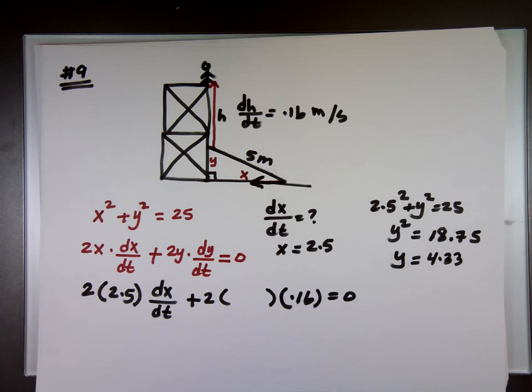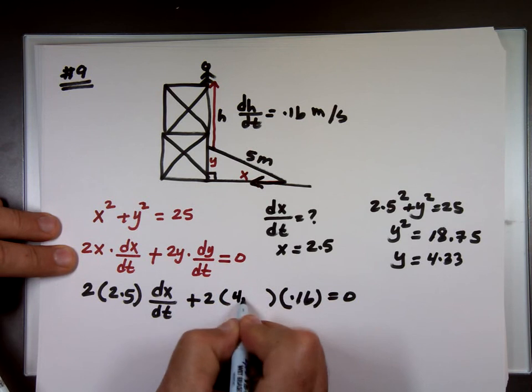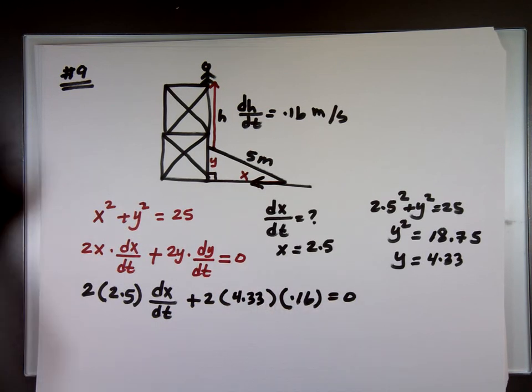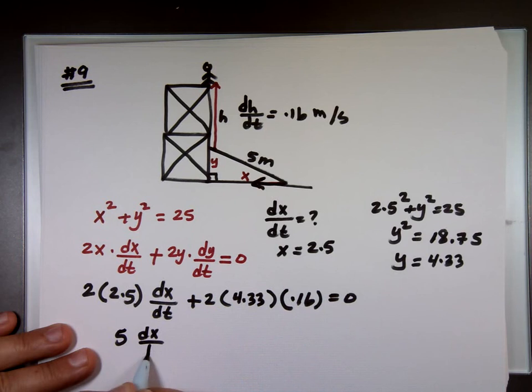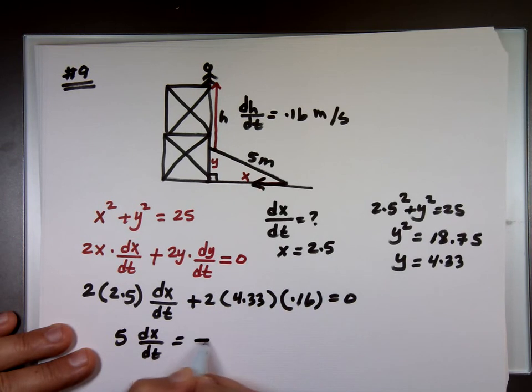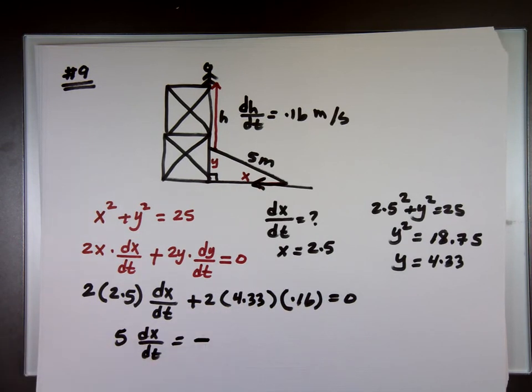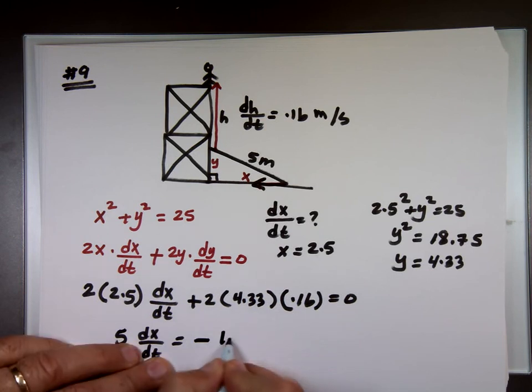So now plug it in. How many unknowns do we see there? 1. When you move that number, that becomes negative 5 dx/dt equals minus 1.386.